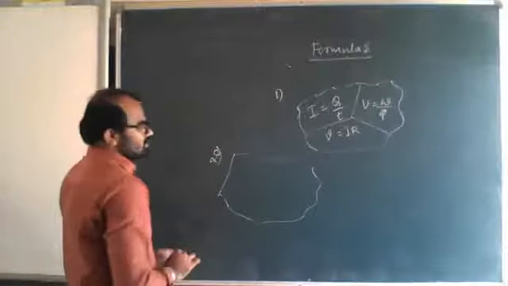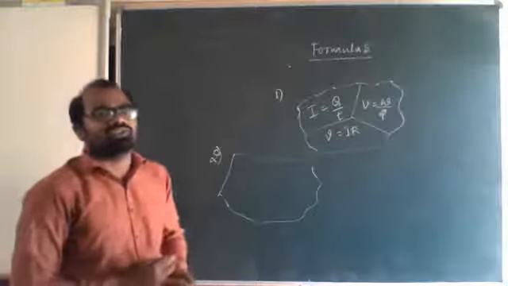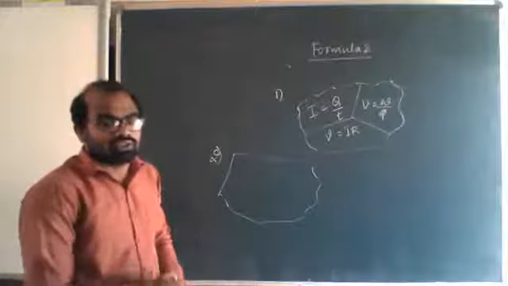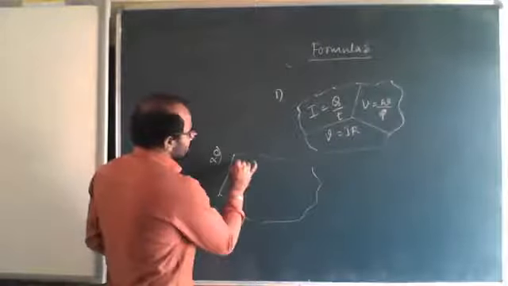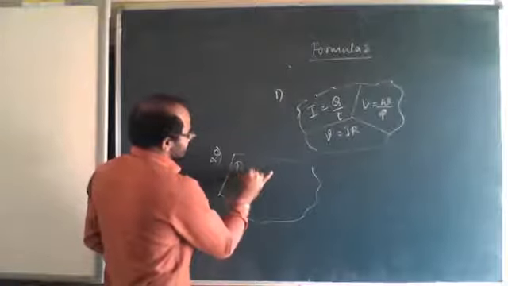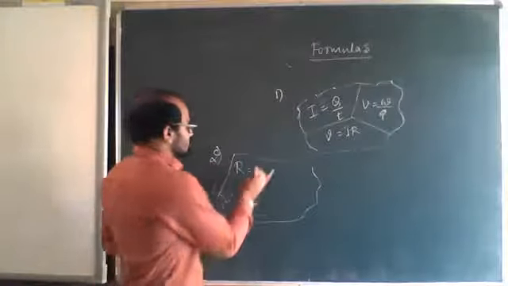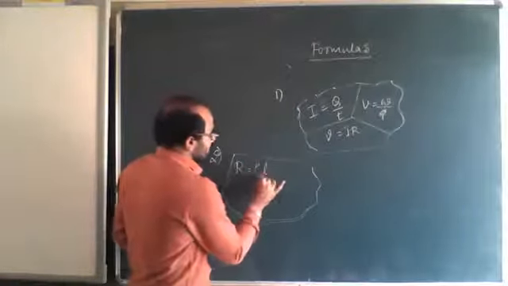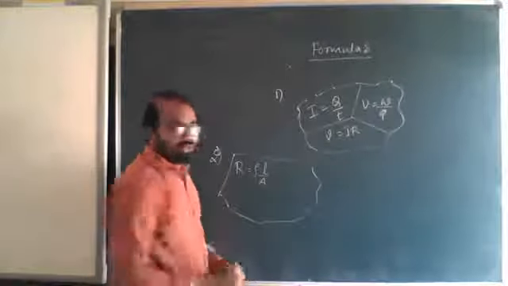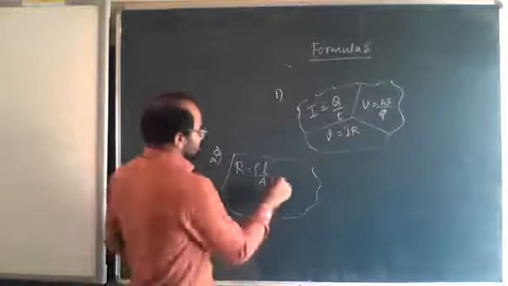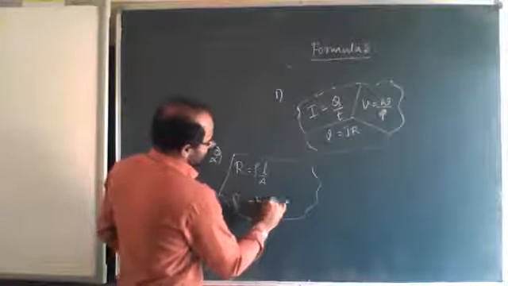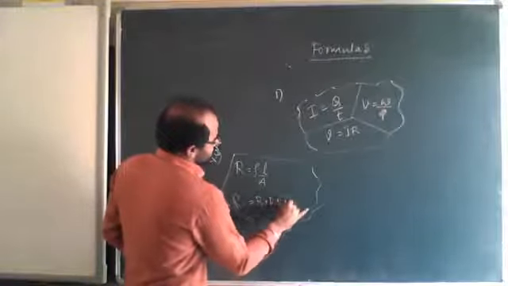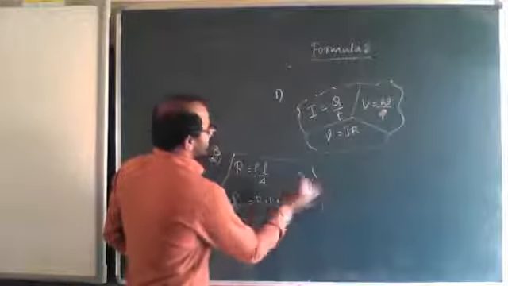You make like this and remember in the second one some other formulas. After that we'll remember these formulas of resistance. What is resistance? R is equal to rho into L by A. This is one formula. And you make again series resistance, R is equal to R1 plus R2 plus R3, goes like this.